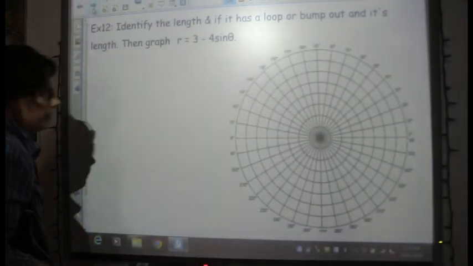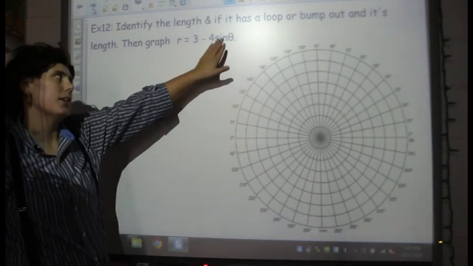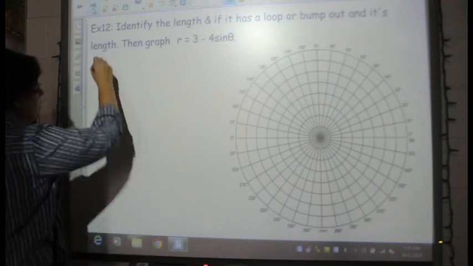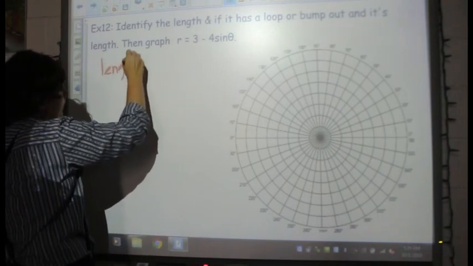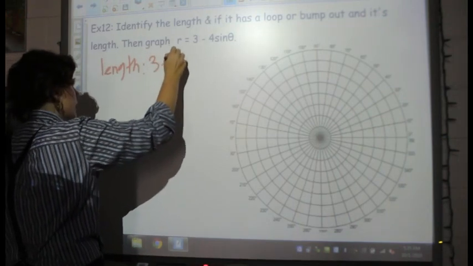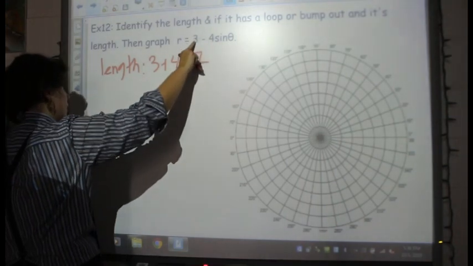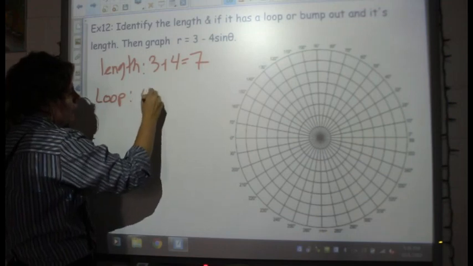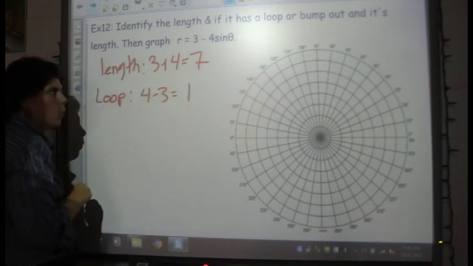Number 12, it's very similar except this time we have sine and it's negative. Again, A is still little. If we want to talk about the length of the entire thing, it's 3 plus 4, that gives me 7. I know I have a loop because the 3 is little, and 4 minus 3 gives me a loop length of 1.